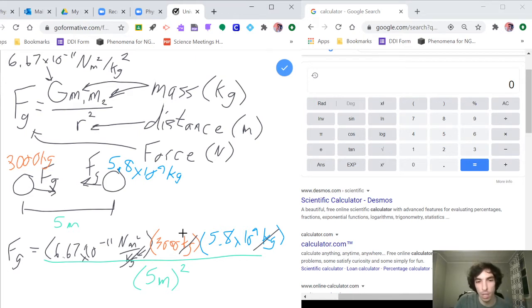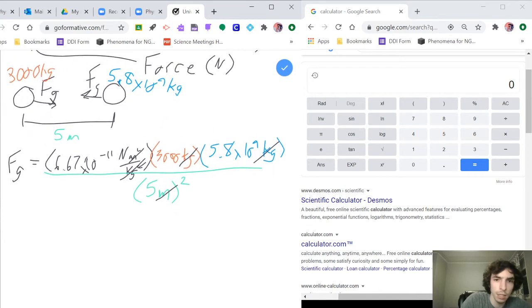And the other thing that is good for us as we look at the way that we've set this equation up: we have newton meters squared, and then in our denominator we have 5 meters, and that whole thing is about to be squared. So our meters squared is going to cancel out the meters squared in our constant. And so we will end up just with newtons, which is good for us. That's what we know that we should end up with if we're trying to calculate a force, and in this case, our force of gravity.